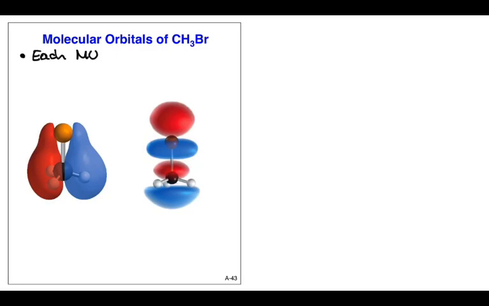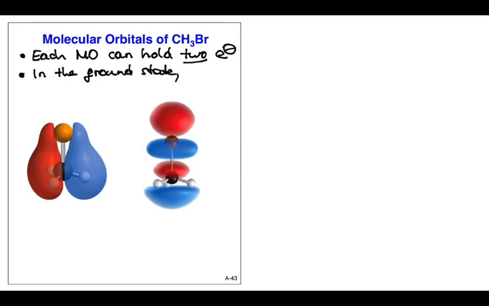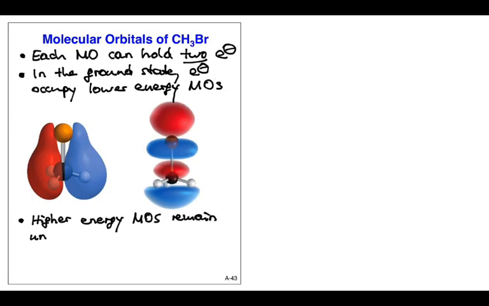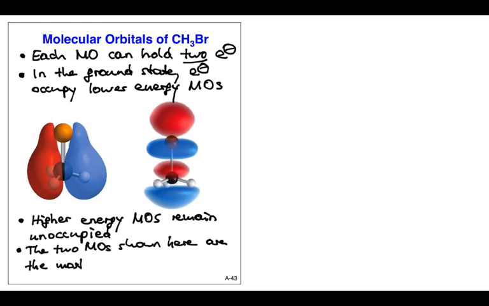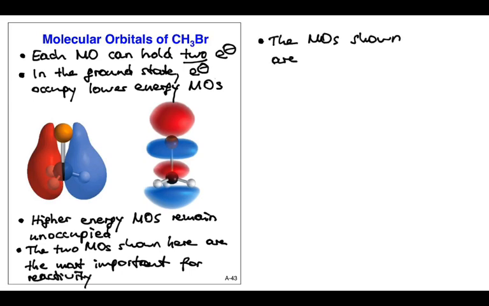Each molecular orbital can hold 2 electrons, which is always the case. In the ground state, the electrons occupy the lower energy molecular orbitals, and the higher energy orbitals remain unoccupied. The 2 orbitals shown here are the most important ones for reactivity, whenever a reaction happens.